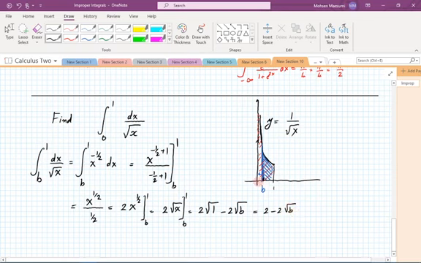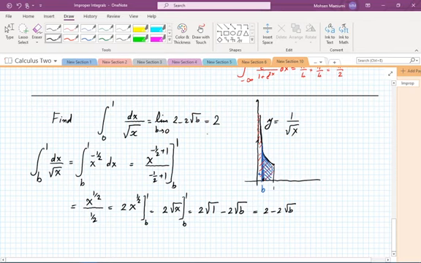What if b tends towards 0? Well, the square root of 0 will be 0, and I'll be left with just the 2. So in this case, the integral becomes the limit of this expression, 2 minus 2 square root of b, as b goes to 0. As b goes to 0, this is 0, and I'm left with just the 2.